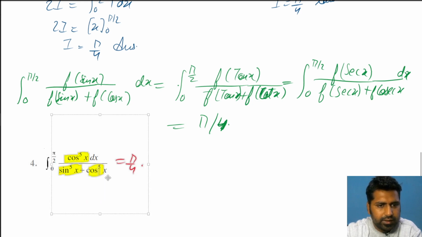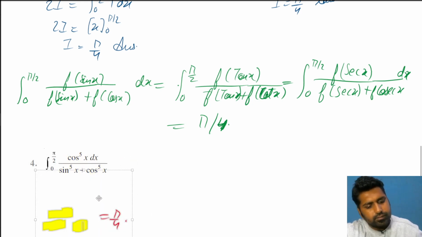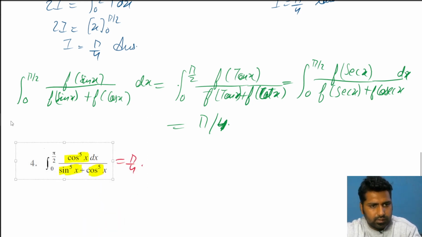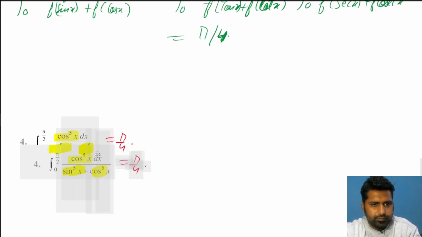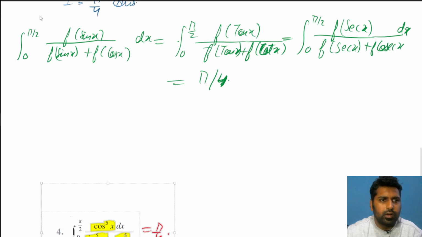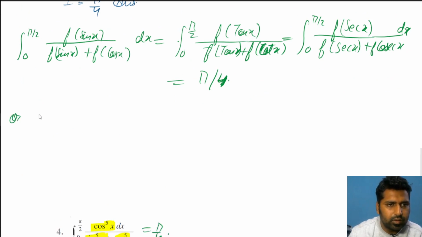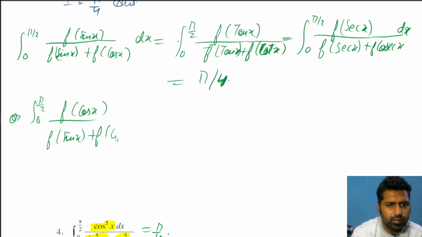If you want, I can write another form. The same thing can happen, or integration 0 to pi by 2. Instead of sine in the numerator, you can have cos also in the numerator. Still the same thing. 0 to pi by 2.